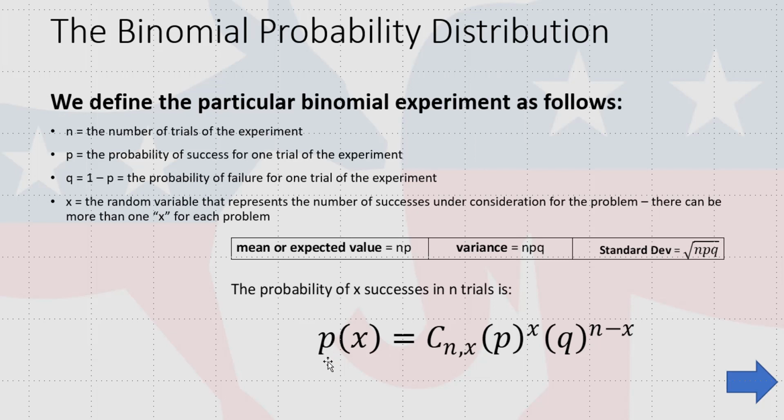And here we have it. The probability of X successes in N trials is, and then we have P of X equals the number of combinations of N things taken X at a time, the probability of success in one trial raised to the X power, and then Q raised to the N minus X power.